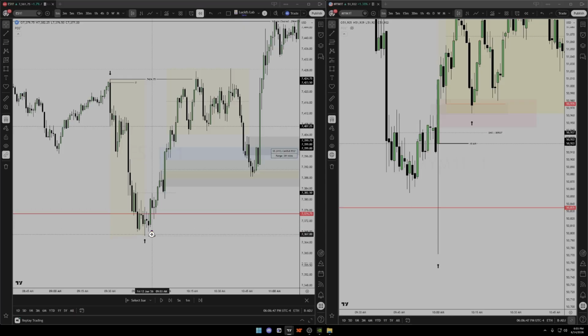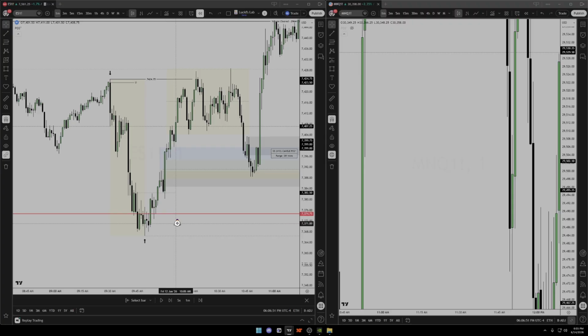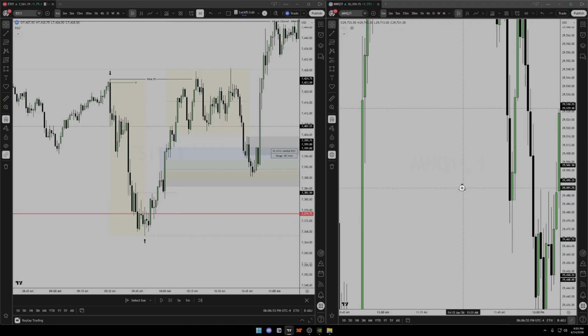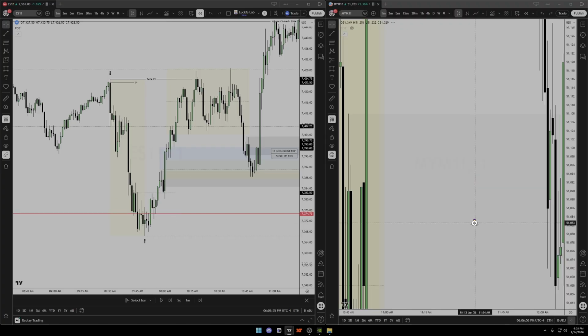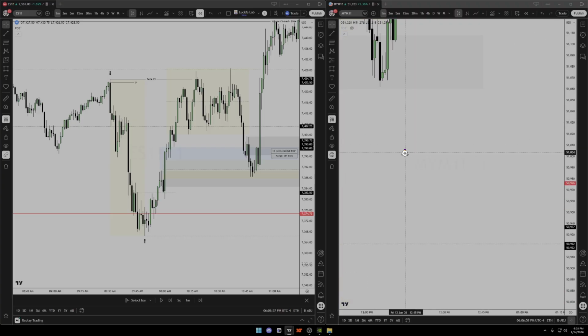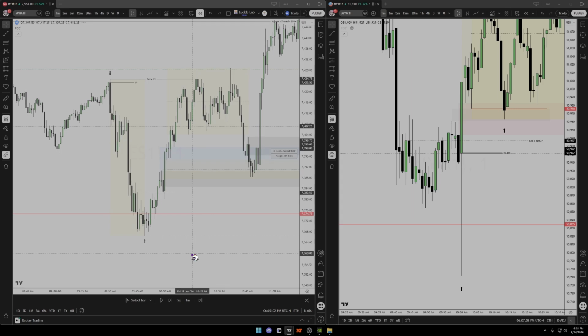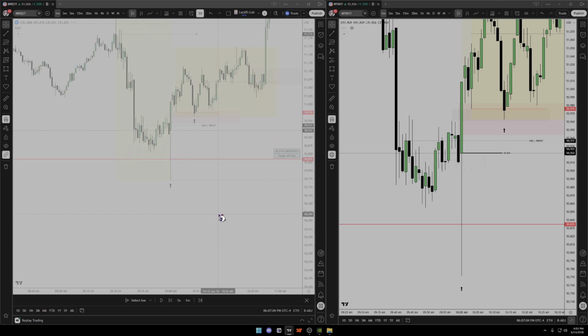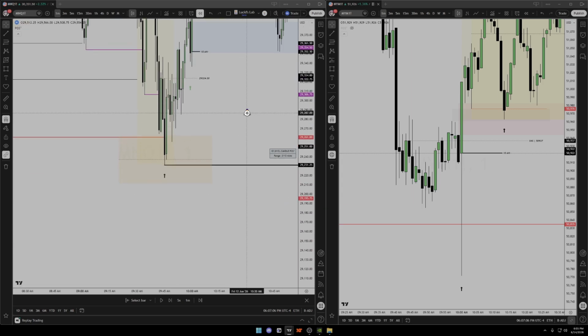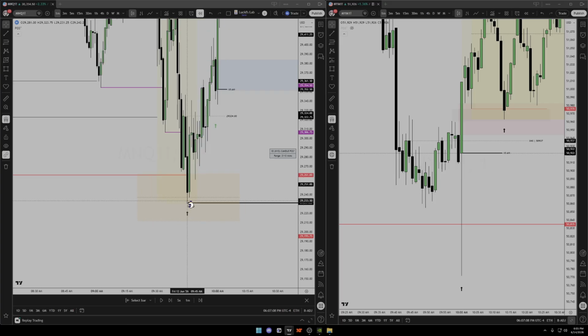This happened at 10 o'clock. This happened at 9:49, so 11 minutes apart. And then going back to micro NQ, right here, NQ. 11 minutes apart from ES, and then it was 15 minutes apart from micro NQ.